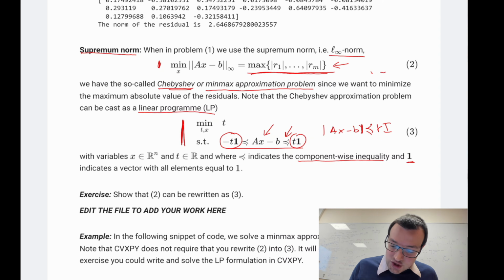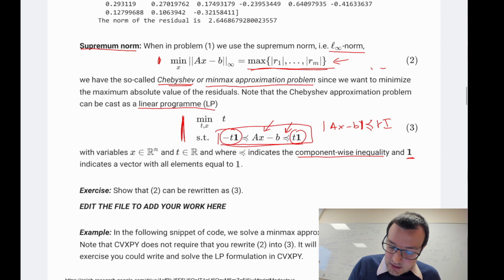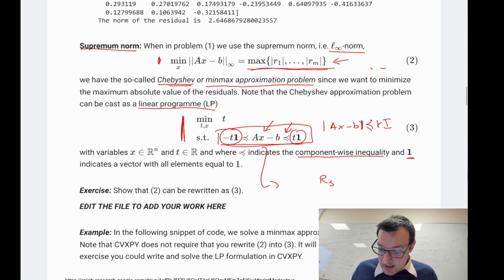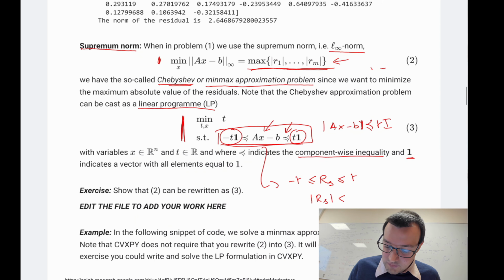So essentially, this thing over here is nothing else than asking that the residual j is less or equal than t and greater or equal than minus t. Which essentially is asking that the residual j is, in absolute value, less or equal than t. That's just the meaning of this expression over here.